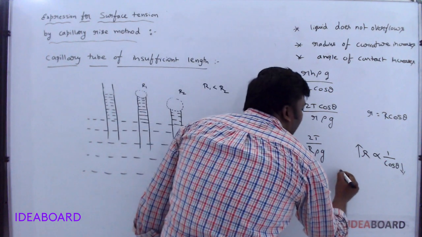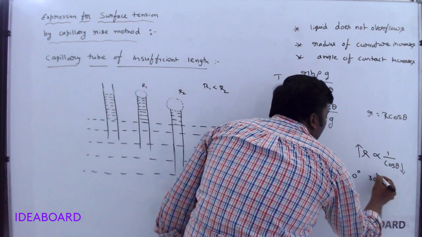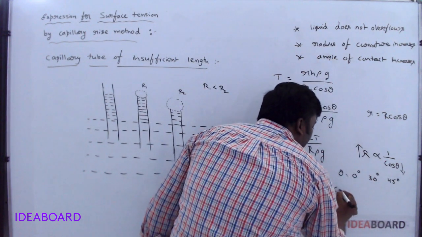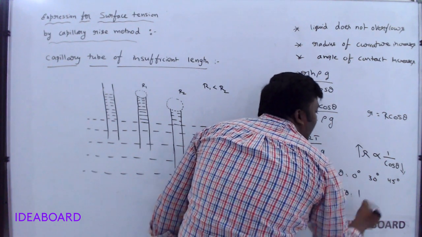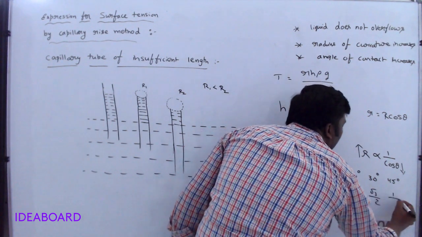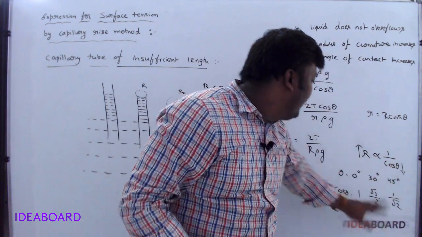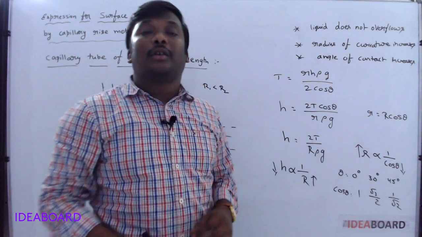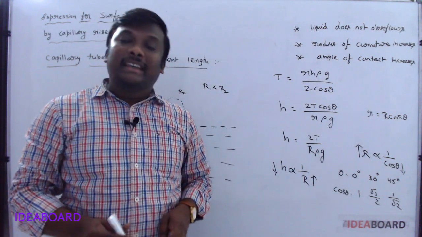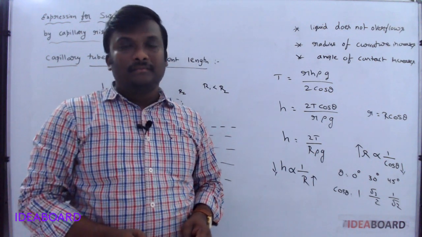Theta values increasing, cos theta value decreases. So here cos theta value decreases means theta value increases. So the angle of contact increases in this case.